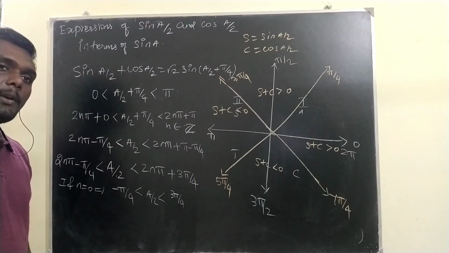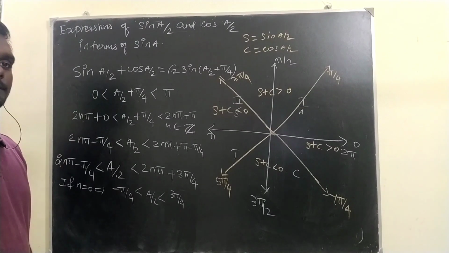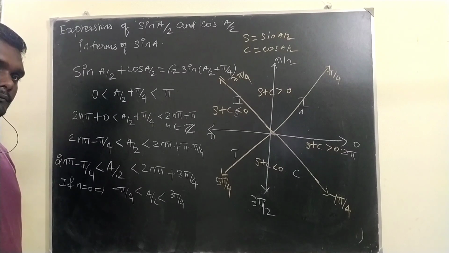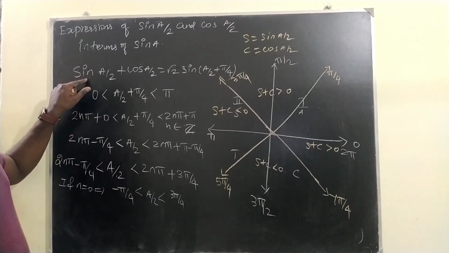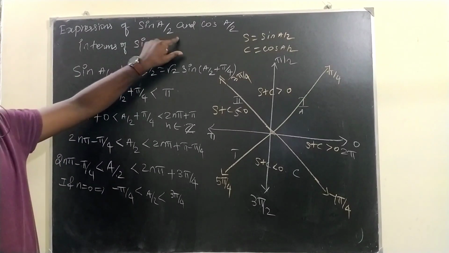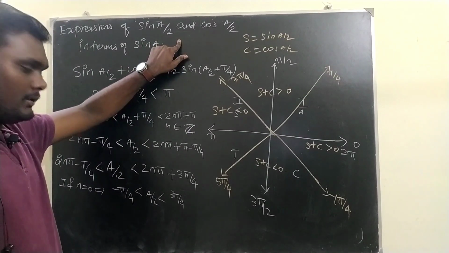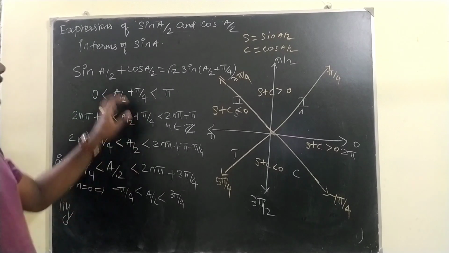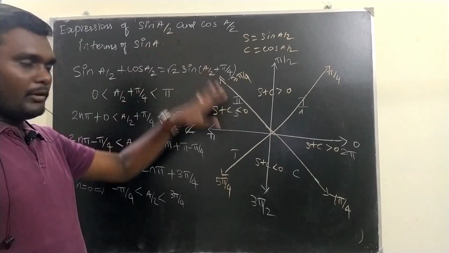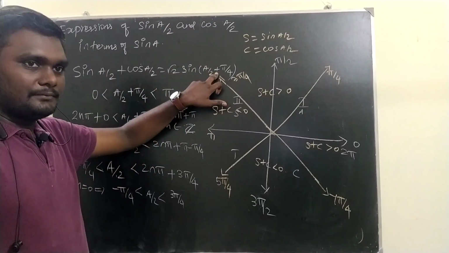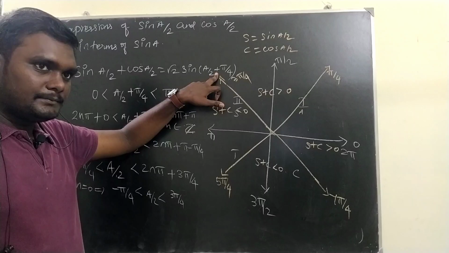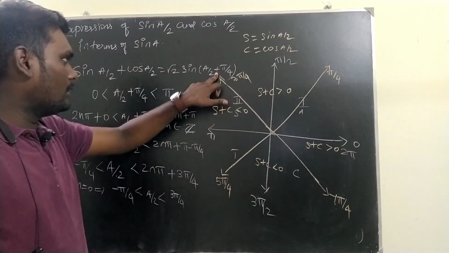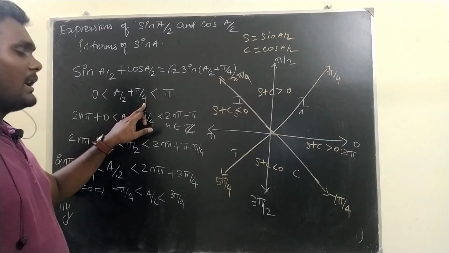What about negative? s minus c. See, s minus c we also have to do in the same manner. Similarly, if you take s minus c, same procedure, but here minus will come. Is it or not? Here I wrote something, no? Minus will come. So here A by 2 minus pi by 4 will come.